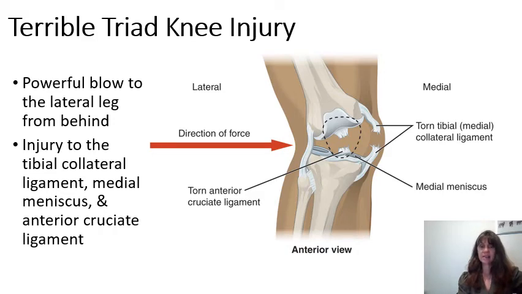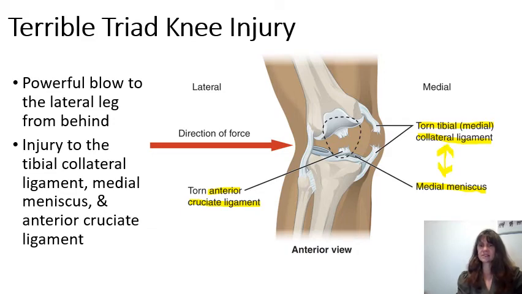If an athlete receives a powerful blow to the lateral aspect of the leg from behind, that can potentially cause damage to the anterior cruciate ligament, as well as to the medial collateral ligament or tibial collateral ligament, and to the medial meniscus, because remember, these structures are attached to one another.